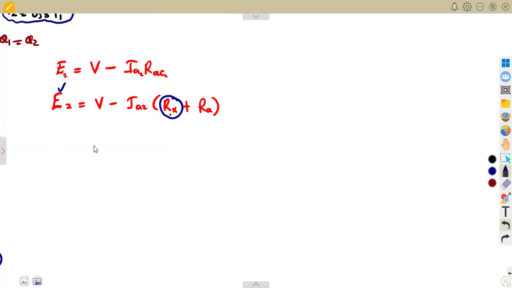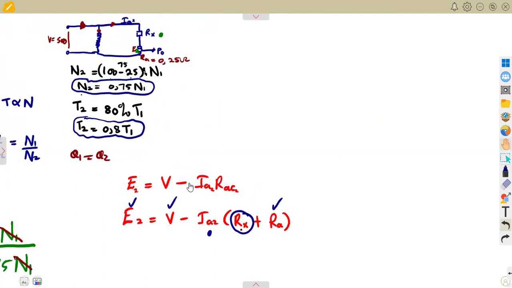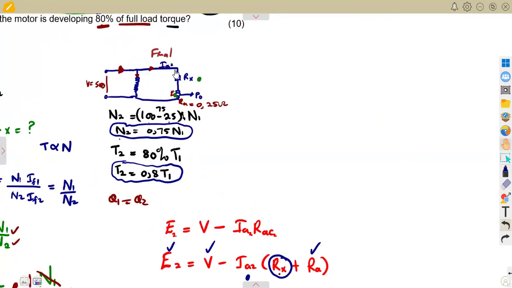We have got also the voltage. But are we having the armature current? That is the question now. Are we having the armature current? The armature resistance is there. This one is the one that you need to calculate. We do not have the armature current in this case of the second circuit, the final circuit.